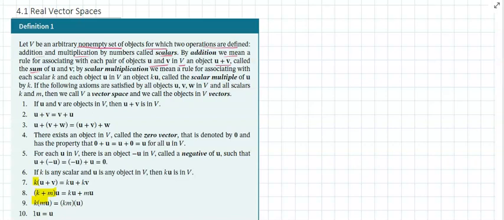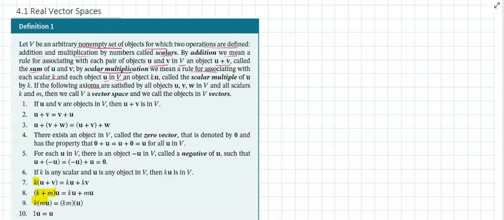Every problem you get to, they're going to define in this vector space, addition is such and such, and scalar multiplication is such and such. Again, this will associate the scalar multiplied by U and V, and those differ. It's not a traditional addition or subtraction. Each vector space does specific addition and specific scalar multiplication.